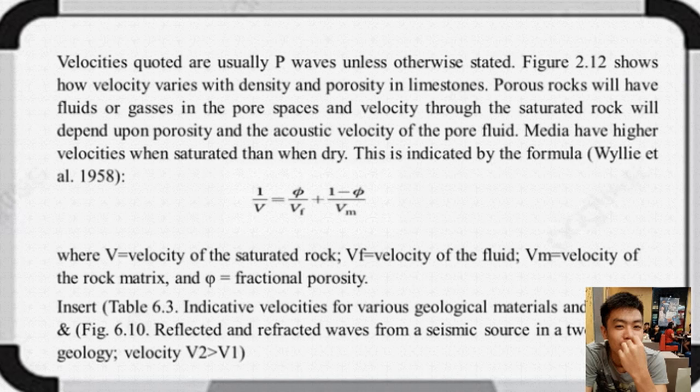Formula is 1 over V is equal to φ over V sub F plus 1 minus φ over V sub M, where V is velocity of the saturated rock and V sub F is equal to velocity of the fluid, and V sub M is velocity of the rock matrix, and φ is equal to fractional porosity.